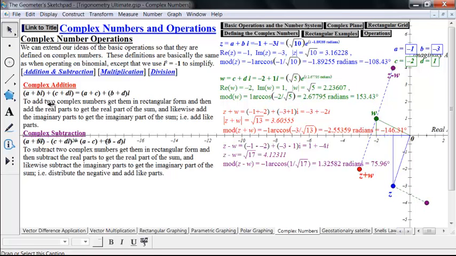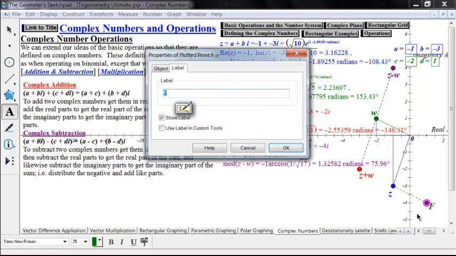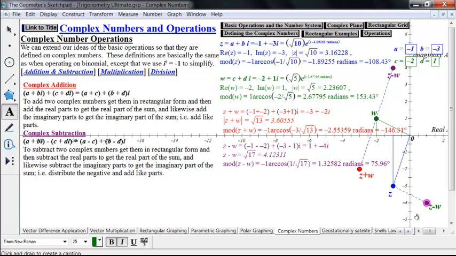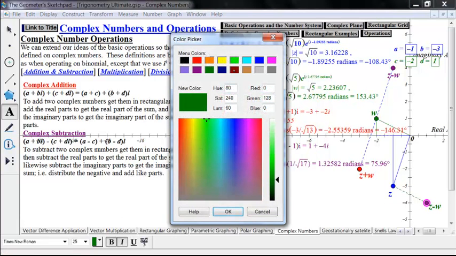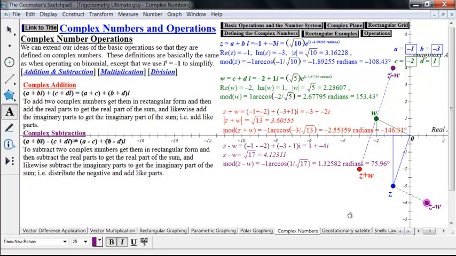So this one right here is z minus w. So you can visually see it. This one up here is not right, so let's get rid of that, and now you can see where we end up.